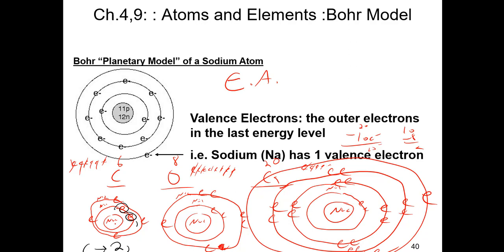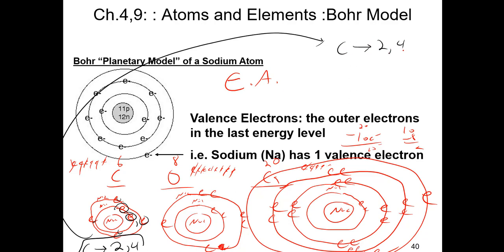And on the next energy level, we have 4 electrons. 1, 2, 3, 4. So the electron arrangement for carbon is going to be 2, 4. So electron arrangement is a notation method which summarizes the number of electrons per energy level for a Bohr model.